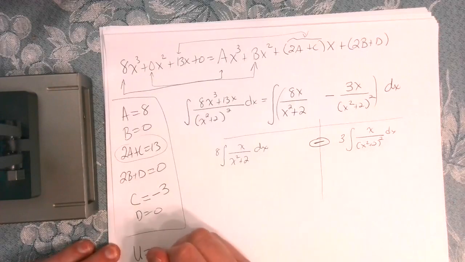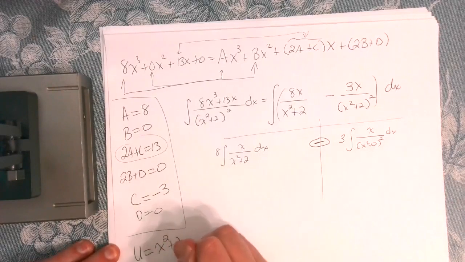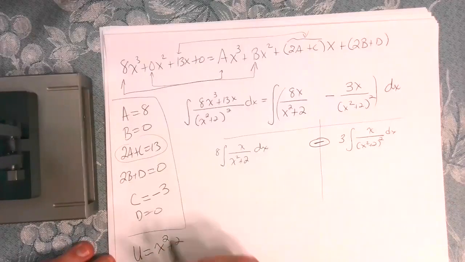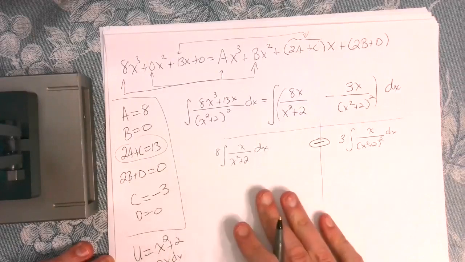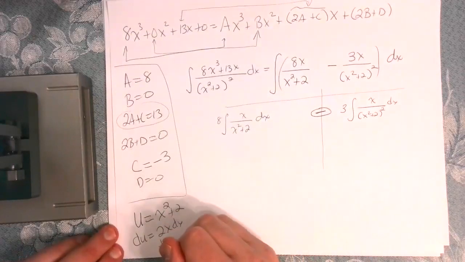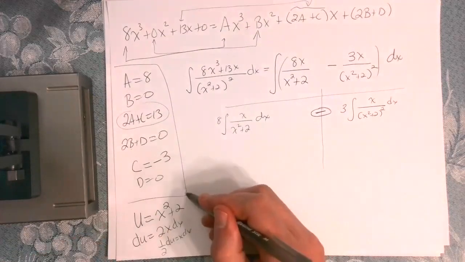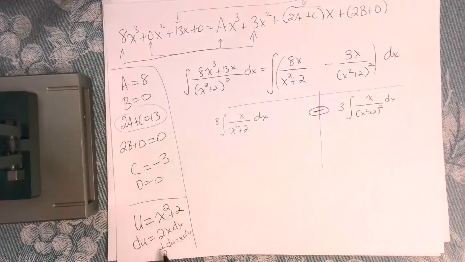So maybe x is equal to, what is it, x squared plus 2? I'm sorry, that's u. u is equal to x squared plus 2. du is 2x dx. Divide out the 2. And so I get 1/2 of du is x dx. Okay, so that's my u sub here.